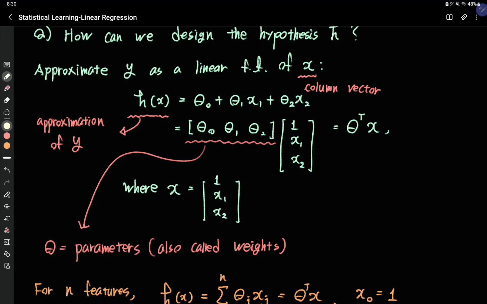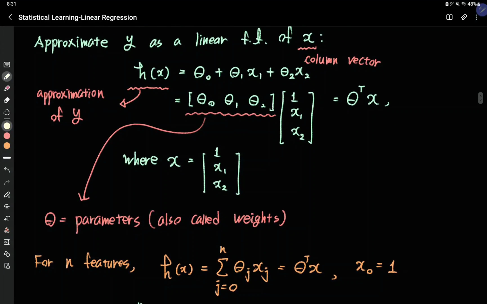Anyway, we can express this as a matrix multiplication, or a dot product. This can be expressed as theta transpose times x. Keep in mind what x is: x is a column vector, 1, x1, x2, where x1 is the first feature and x2 is the second feature.